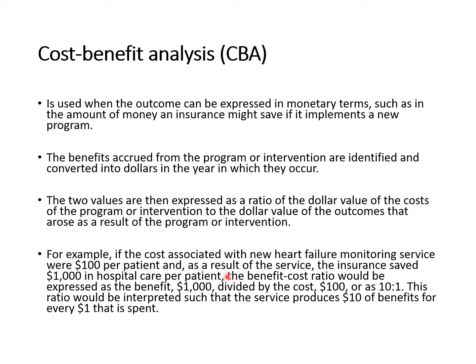So this heart failure monitoring service decreases the hospital care or hospital inpatient admissions by $1,000 per patient. Now the benefit to cost ratio is simply dividing the benefit by the cost. The benefit 1,000 divided by 100, so we have 10 to 1.